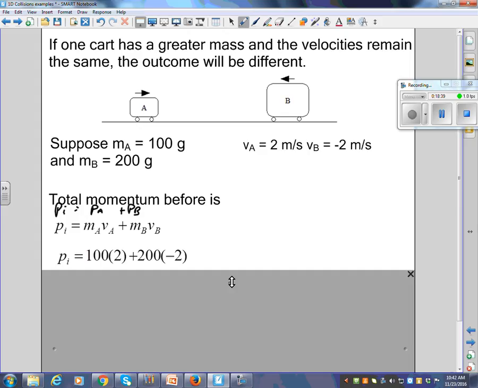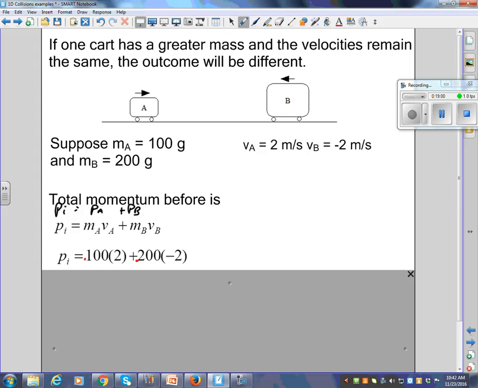Should it be in kilograms? Yeah, it probably should. Those should be decimals. So the initial momentum, P_i, is 0.1, that's our mass of A, times 2 meters per second, plus 0.2 times minus 2.